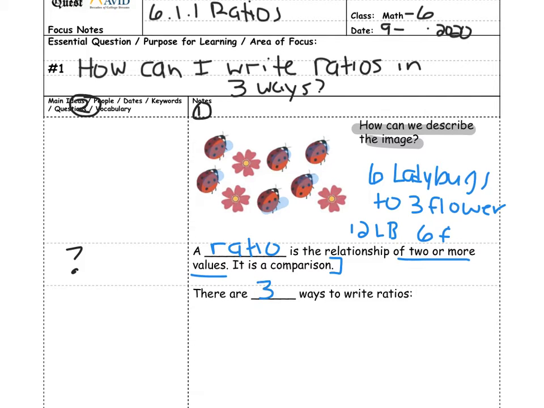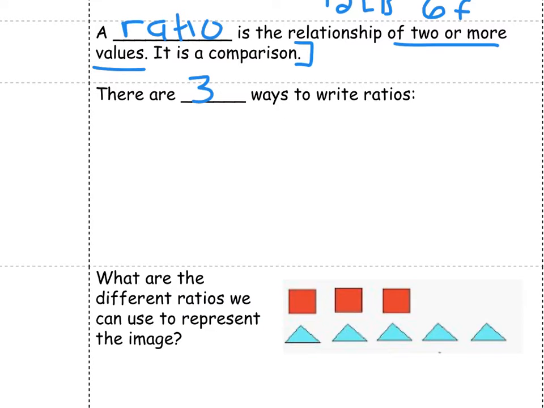And there are 3 different ways to write ratios. One way is with a colon. One way is with the word to. And the third way is as what looks like a fraction, but it's still a ratio.